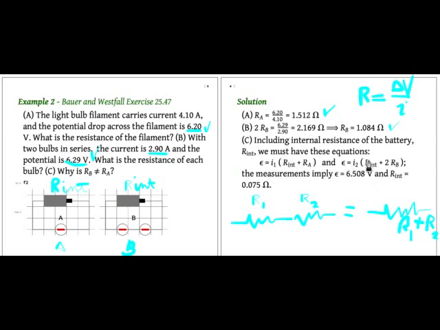That's the same in part A and part B, and not equal to the voltage across the light bulb. And also the internal resistance is 0.075 ohms. So it has a small internal resistance. You know, the internal resistance is quite a bit smaller than either RA or RB. But that is the size of the internal resistance, which would account for this difference in the resistance from the measurements.